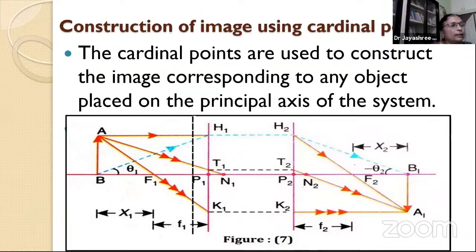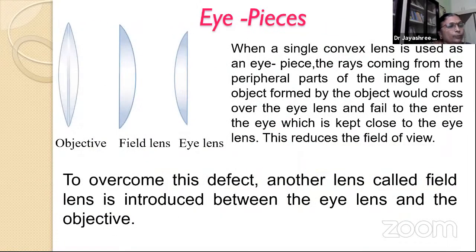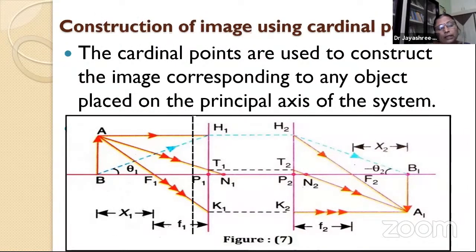You know that the relation between the image distance and the object distance is 1 upon V minus 1 upon U is equal to 1 upon F. And whenever we have to consider the features of the image and the object distance, then in this case we have to find out the focal length in terms of the heights of the object and the image obtained.